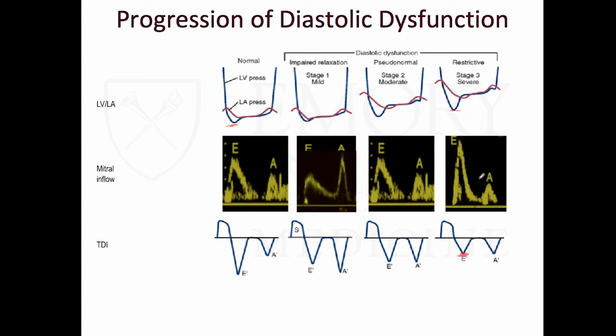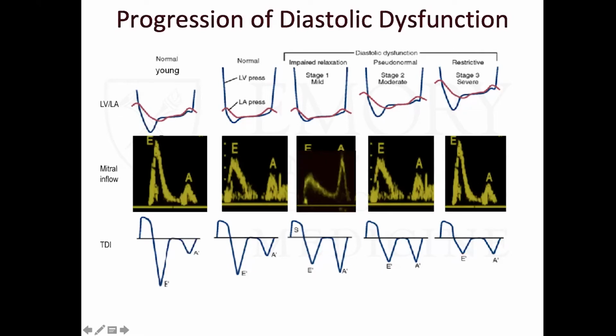Now, what about young, healthy people, young, healthy athletes, pregnant patients? They normally have what appears to be a restrictive filling pattern, an E to A ratio of greater than 2. The difference is that the left ventricle is very good at sucking blood out of the left atrium and pulmonary veins.